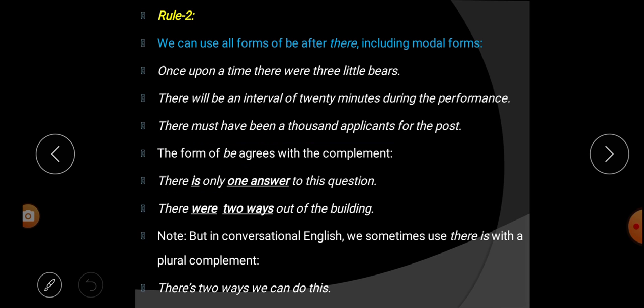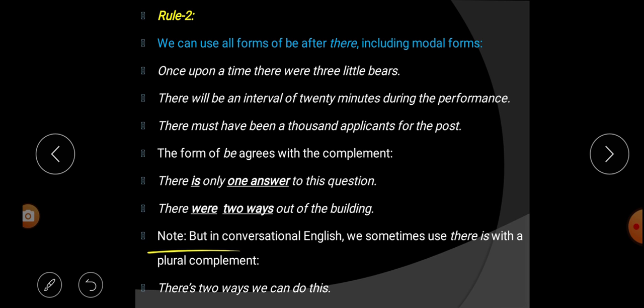Next, there were 2 ways out of the building. Here the be verb is were and the complement is 2 ways. So here the be verb agrees with the complement and it is introduced by the introductory there. That's why it is said that there were 2 ways out of the building.